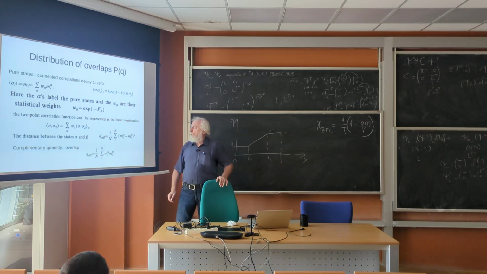Then you can define the overlap, just this, and correspondingly the distance between two states. It is just the Hamming distance, roughly. m is not binary, it is a continuous quantity, but at least in the zero temperature limit, it would be just the Hamming distance and nothing else.